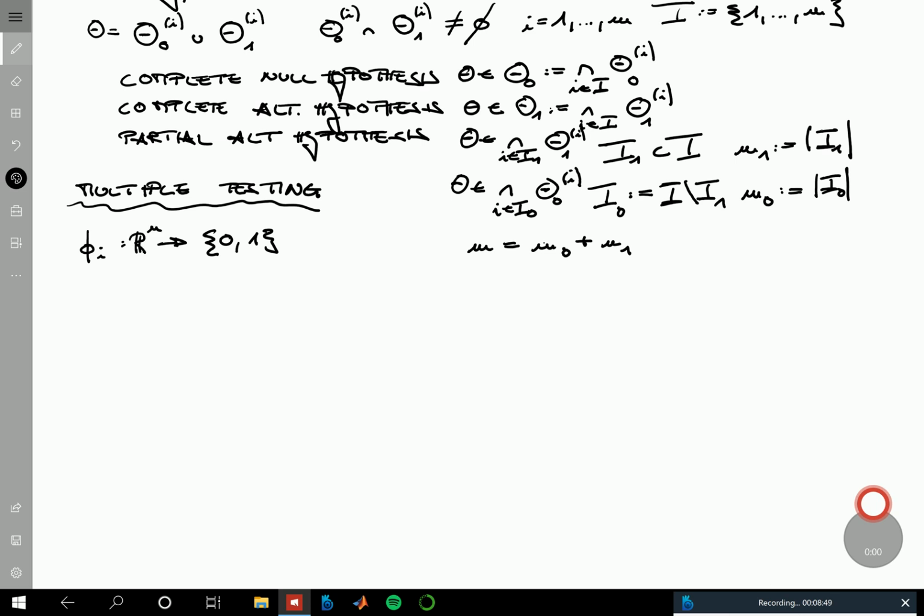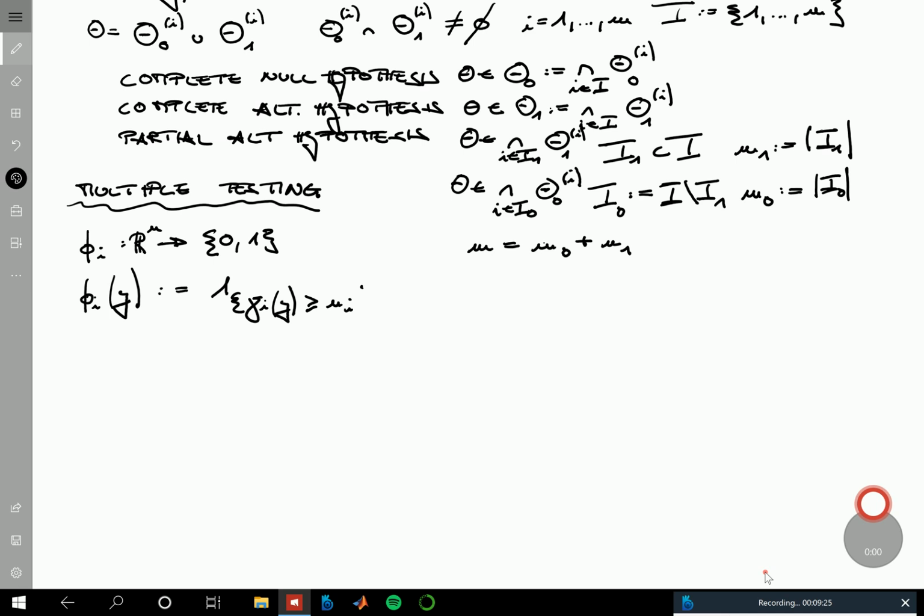And each of them we actually assume to be of this standard form, so that it's based on a test statistic. So phi I of y is the indicator function and comes out 1 if the test statistic of the ith test is larger than some critical value.